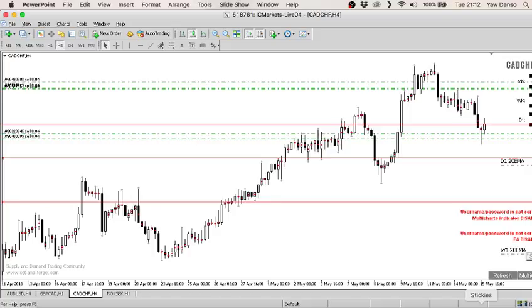This is a probability game. When you place a trade, although you do all the analysis, all your research and everything, it is a random outcome. It's either a win or it's a loss.